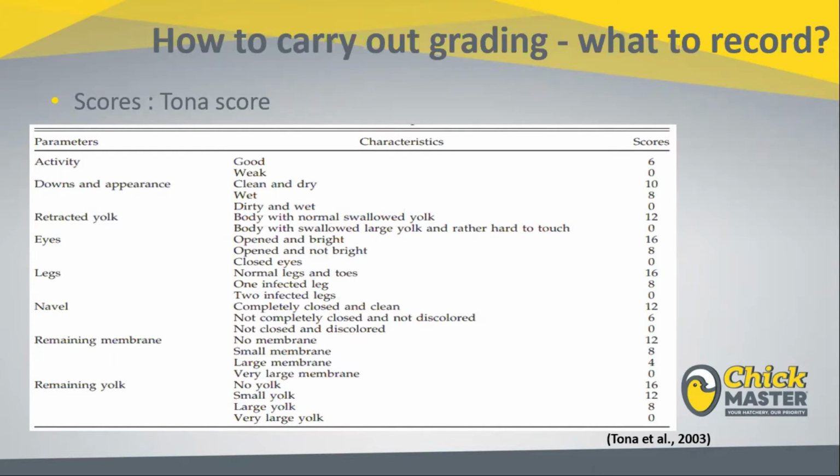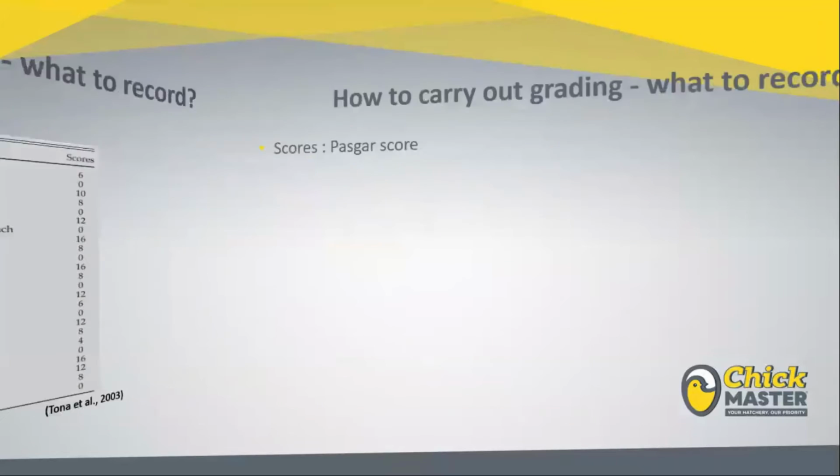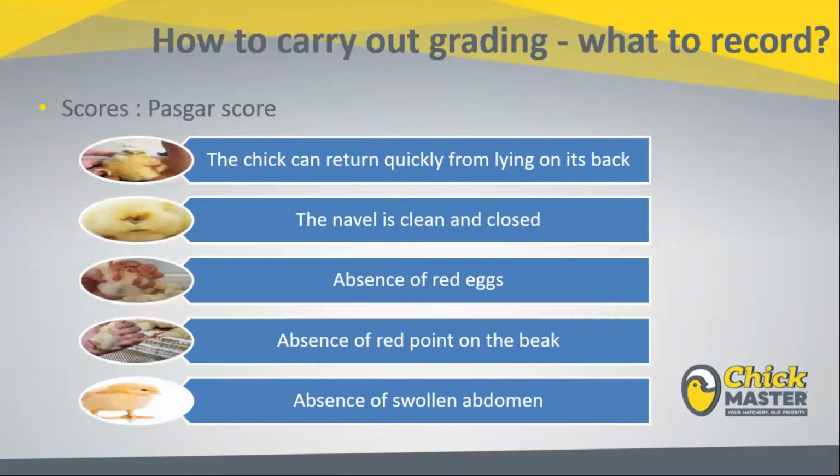The difference between these two scoring methods is that the TONA score is based on 100 points, and the higher score corresponds to the higher quality of chicks. The PASGA score is based on 10 points, and also the higher score corresponds to the better quality of chicks.